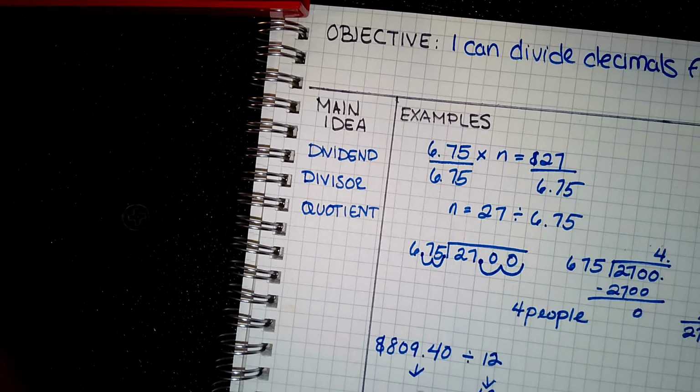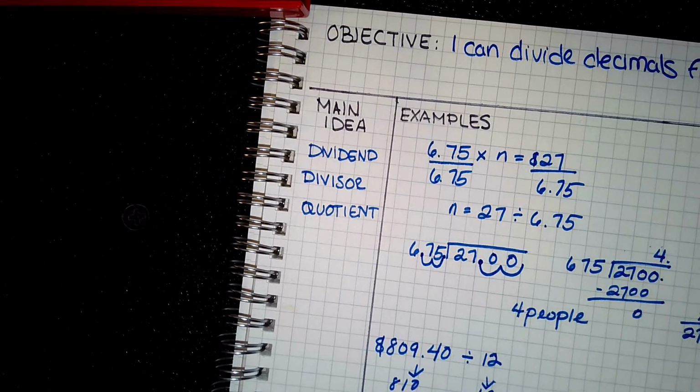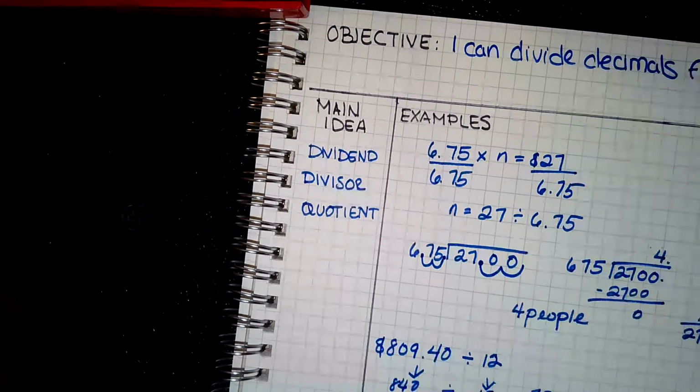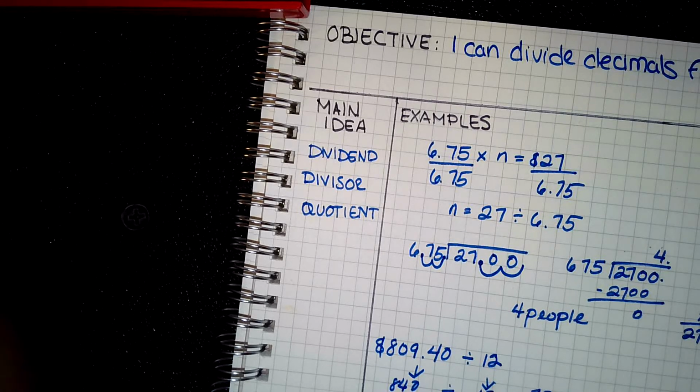And then this is close to 810. In the book, they use 840, so let's go ahead and use 840. I can divide that and I would get 70. So as far as my estimate, my actual answer might be somewhere close to 70.